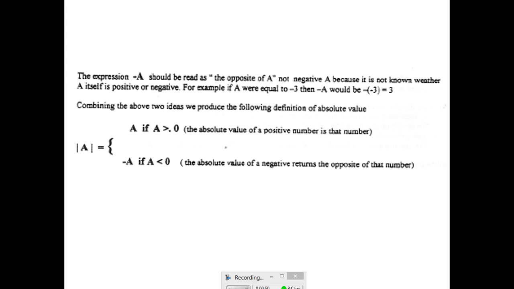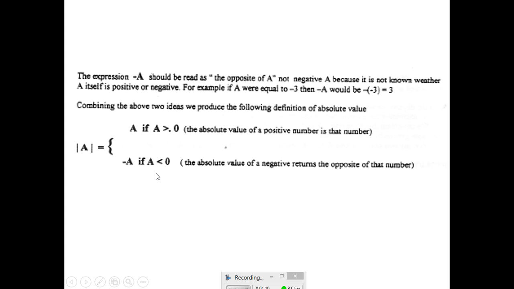And really, I'm probably at fault in what I said right there in saying the negative. I probably should say the opposite. So in other words, the absolute value of A is equal to A, provided that A is greater than 0.